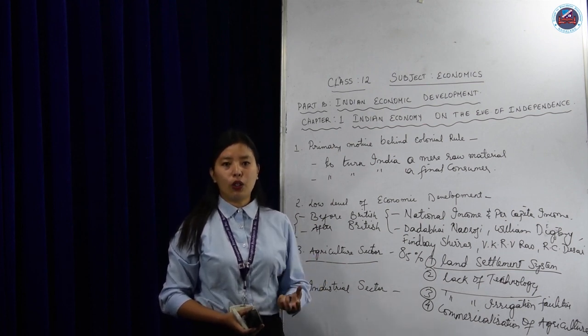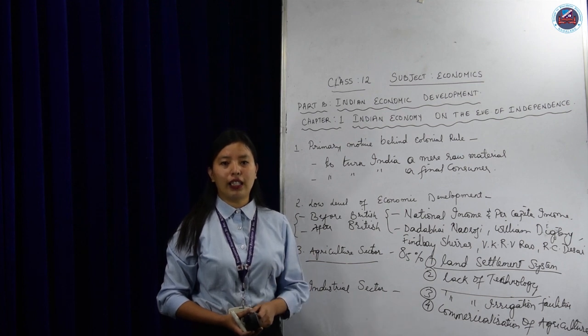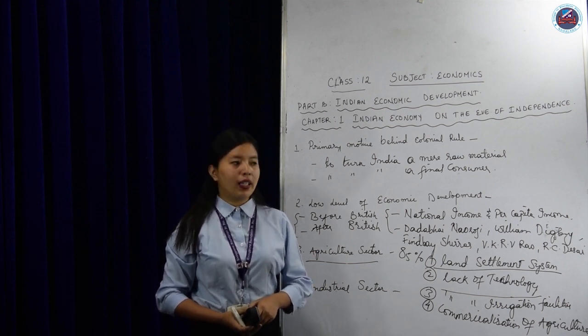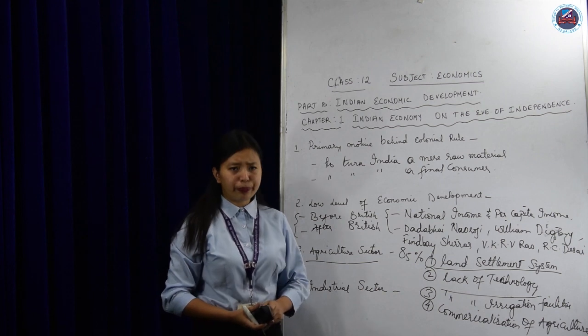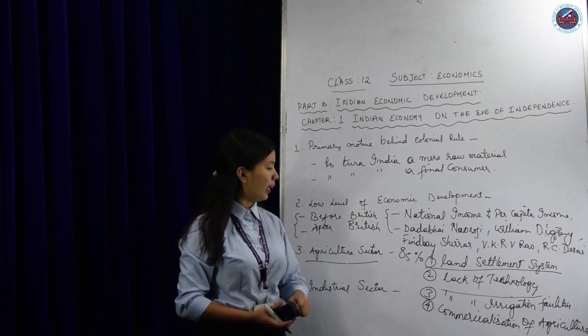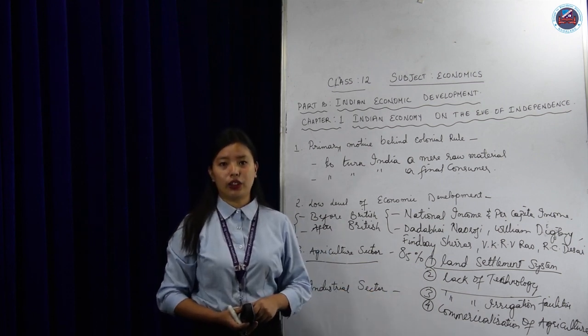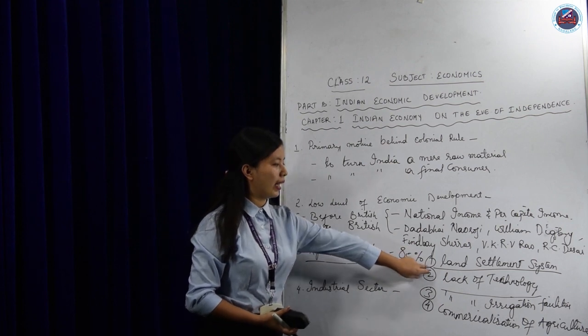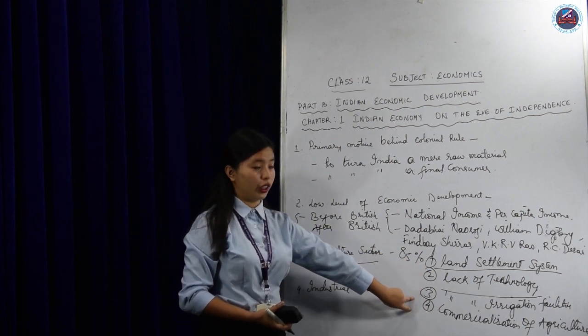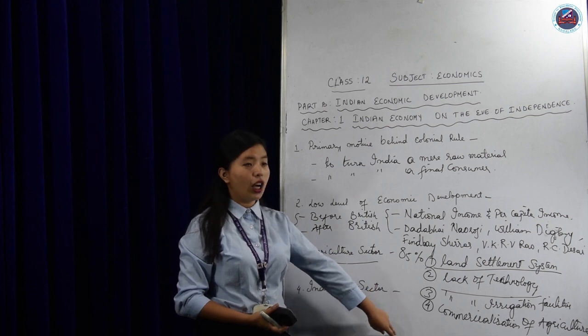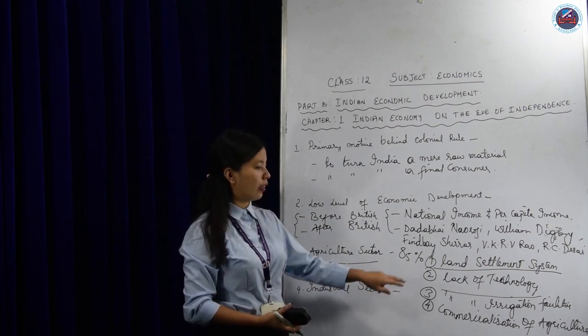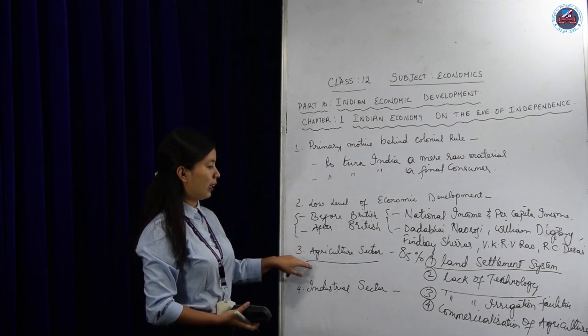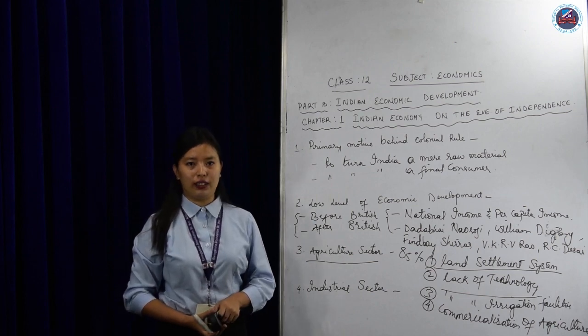So they focused more on producing cash crops rather than food crops. This is the last reason behind the stagnation in the agriculture sector. So these are the various reasons: the land settlement system, lack of technology, lack of irrigation facilities, and commercialization of agriculture.